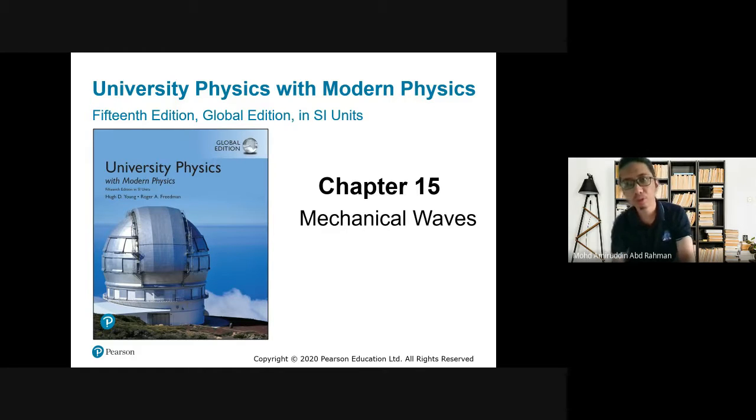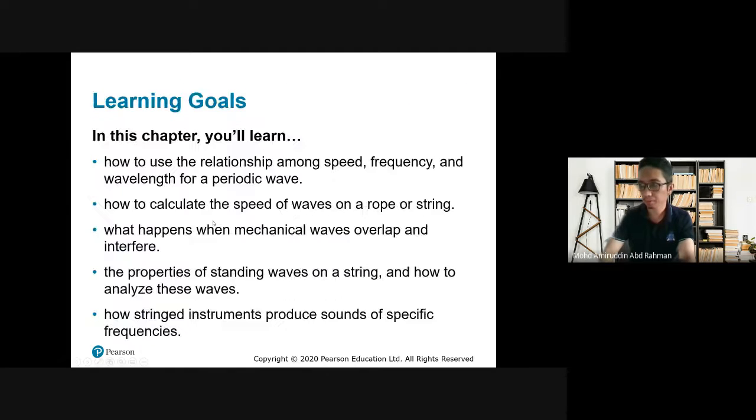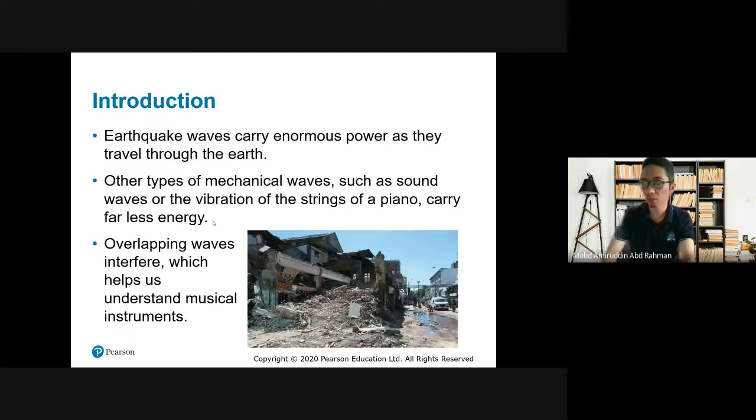Today we're going to continue with chapter 15, which is the mechanical wave. This experiment you have done before, about the mechanical wave, about interference or standing wave, and about the frequency as well. As you can see, the wave is related to vibration.